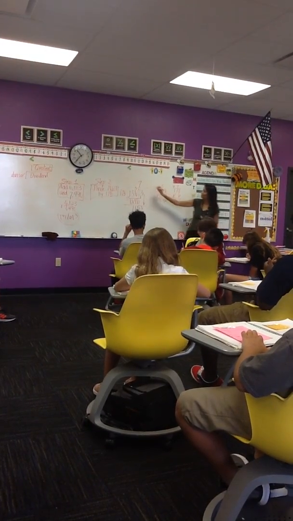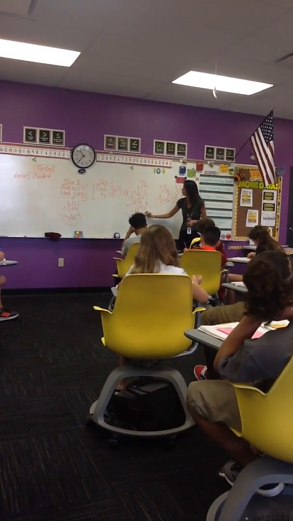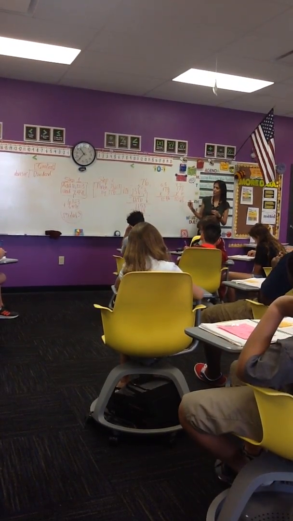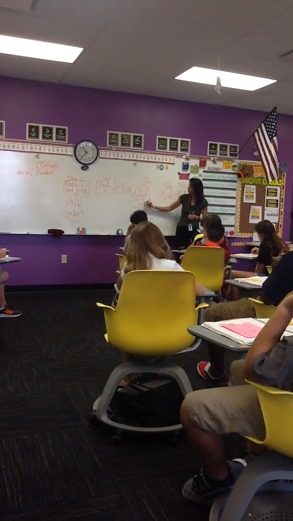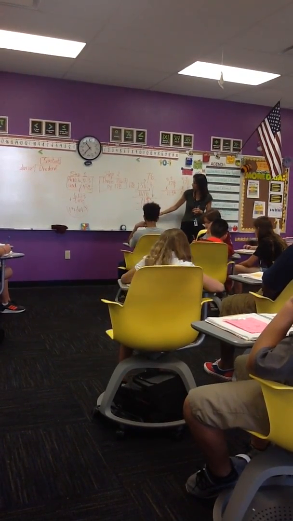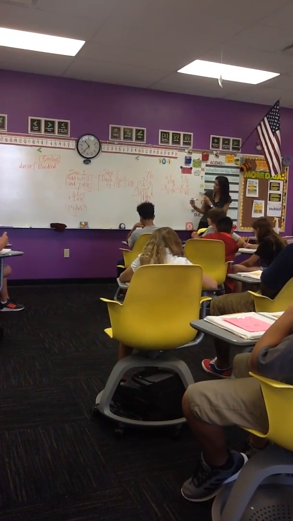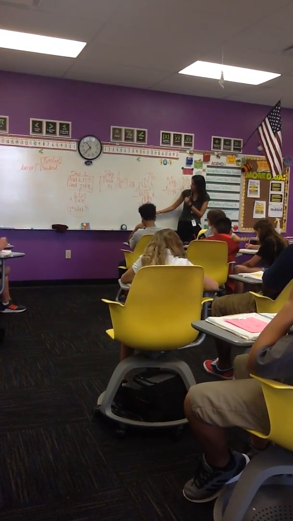I think that's going to work. Can't take 8 from 3, so I borrow. 13 minus 8 is 5. I can't take 6 from 4, but I could take 14 minus 6, which is 8.